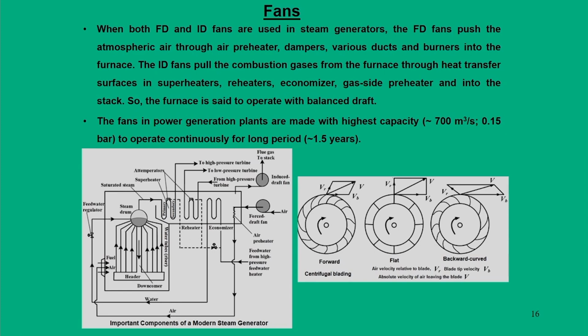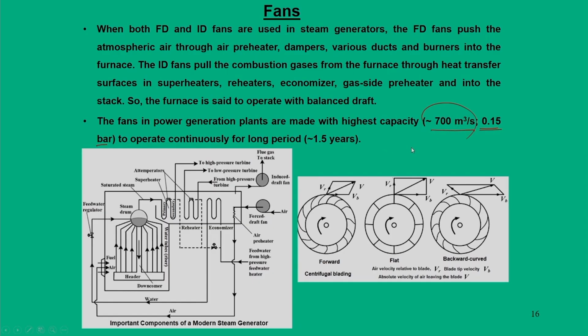For large power generating plants, the typical fan size should handle about 700 meter cube per second, a very high volume flow rate, but a very low pressure difference of about 0.15 bar is sufficient to handle this flow rate.